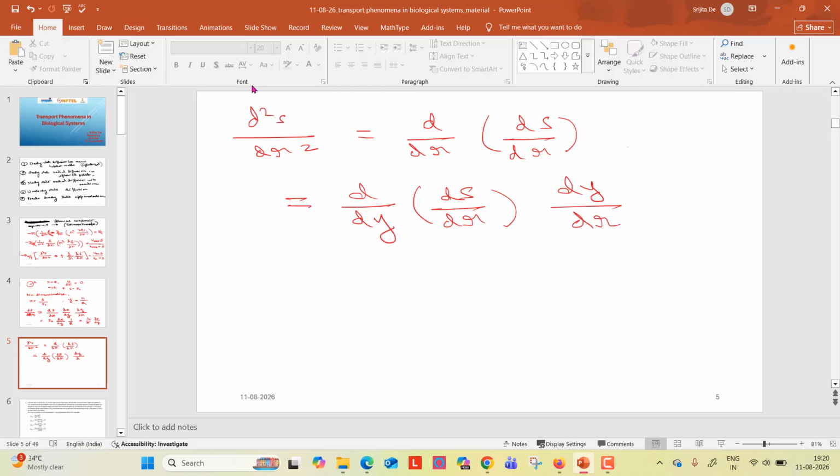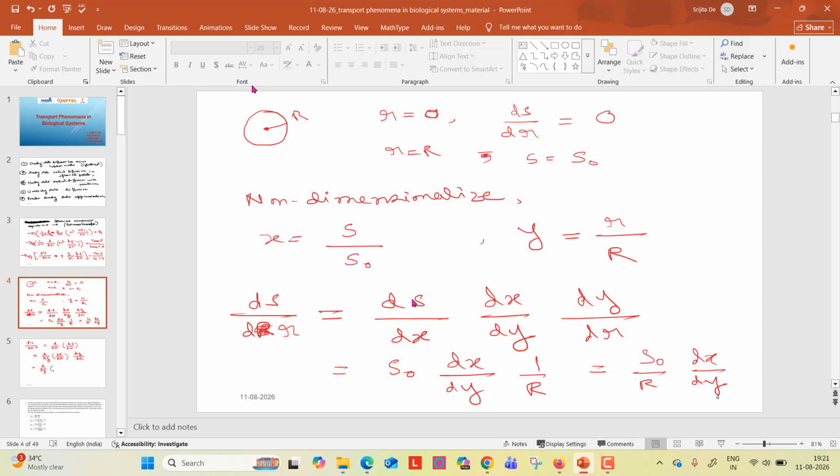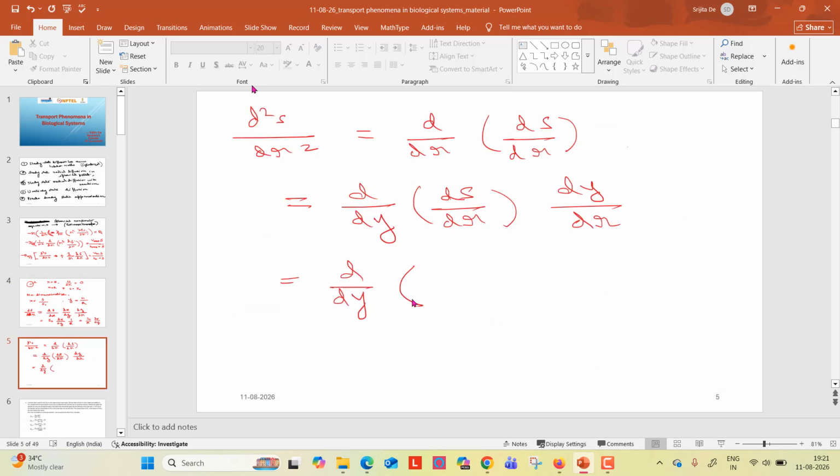And now we have the value of ds/dr here. So d/dy of ds/dr, previously we have calculated, is s0 by r into dx/dy. So it is s0 by r into dx/dy and dy/dr.